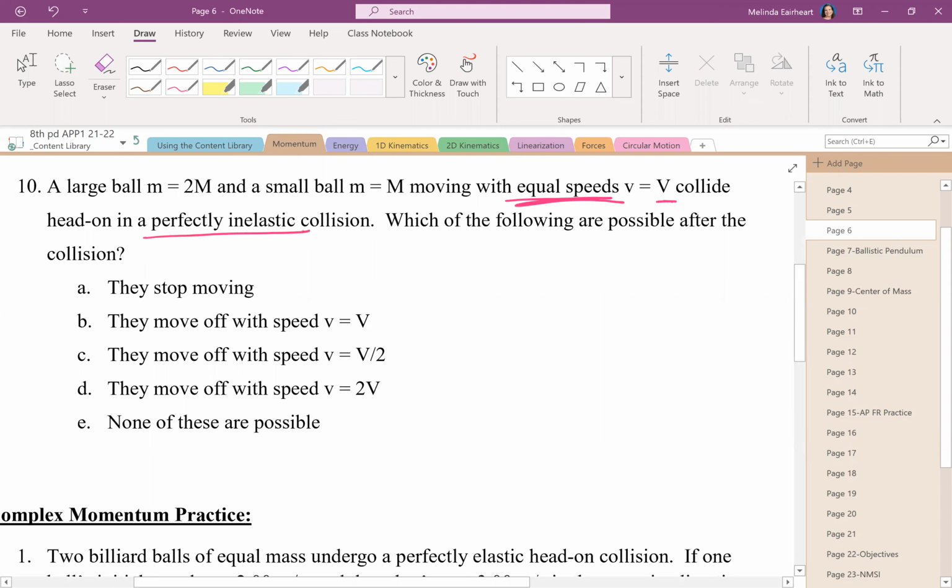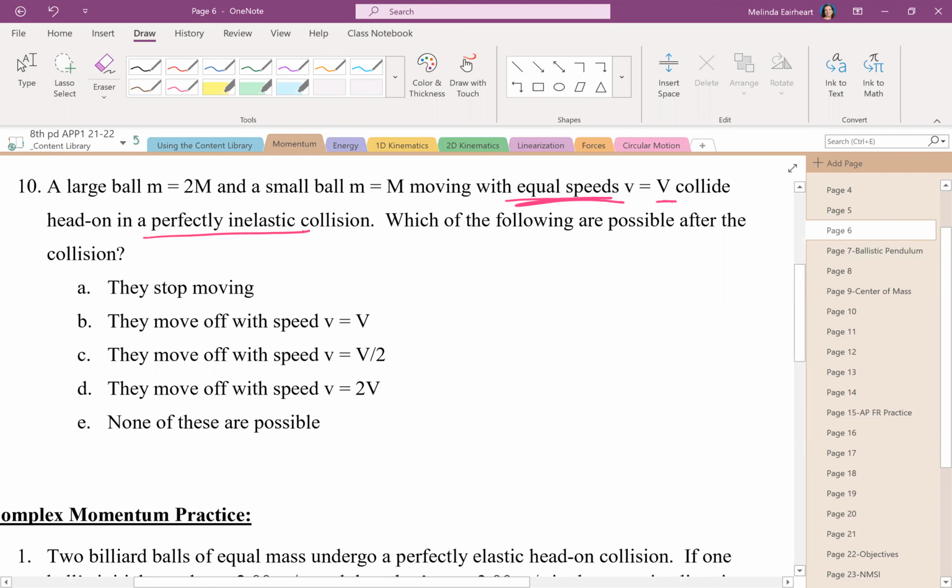What does perfectly inelastic mean? They stick together. That's a common description of the collision, but what does the physics mean? Energy is not conserved, so kinetic energy specifically is not conserved, but what is?